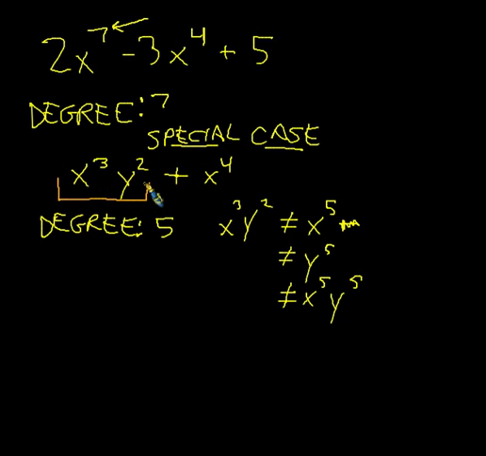If I have several variables multiplied in one term, then I will add their exponents to find the degree of the polynomial. Now, this is a special case. It's not something that you should be concerned about normally, but if you do run across a problem like this, we have to add these exponents for degree, though we're not in any way combining those two factors together.